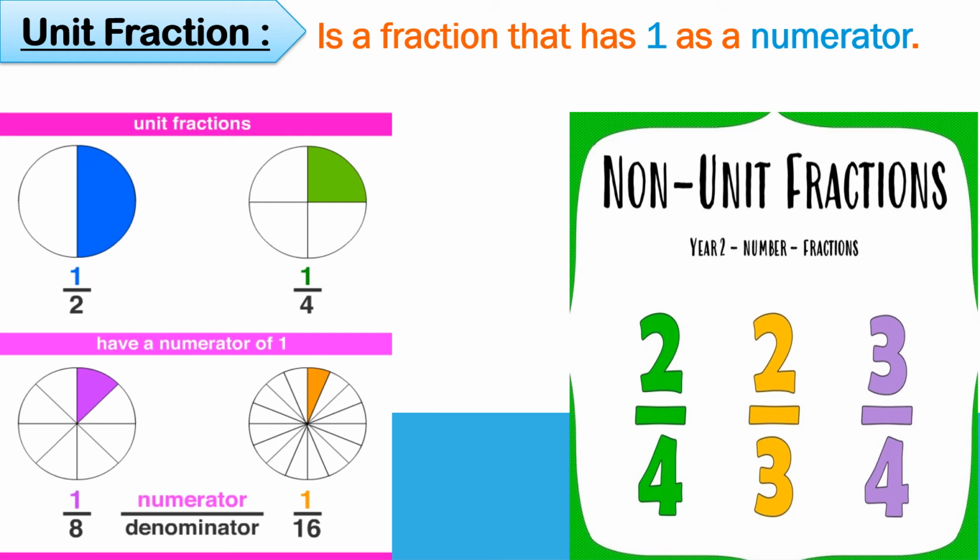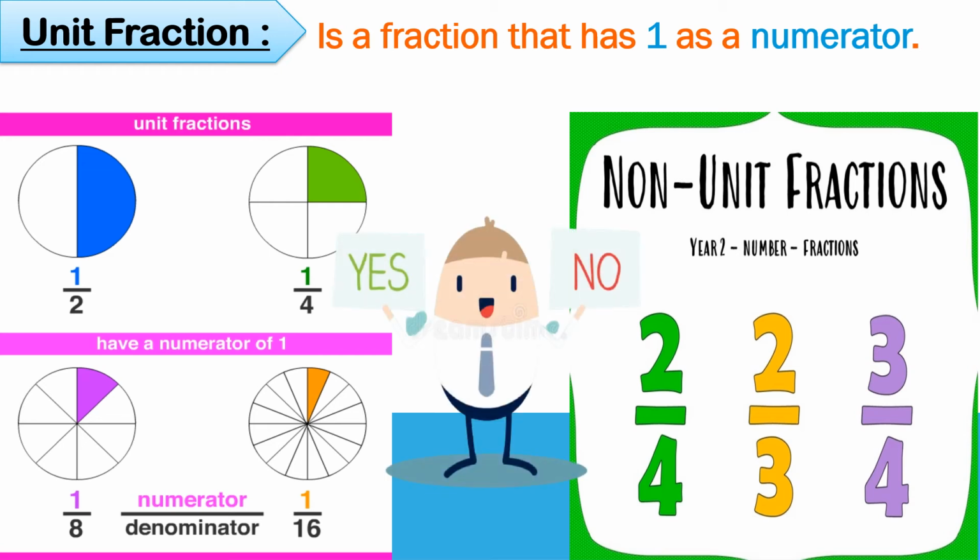The numerator here is 2. The numerator here is 3. So we don't have 1 in the numerator. So this is a non-unit fraction. So this is a unit fraction and this is not a unit fraction.